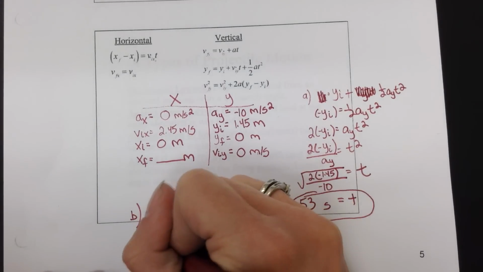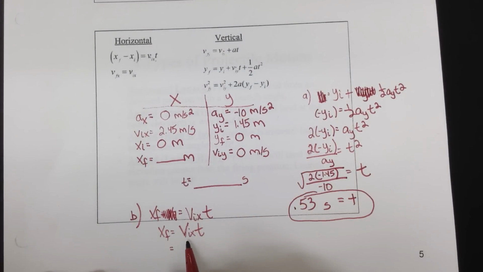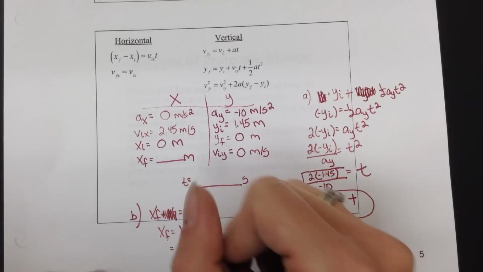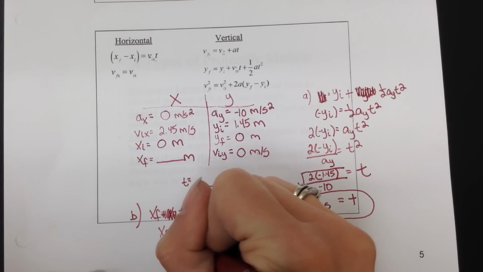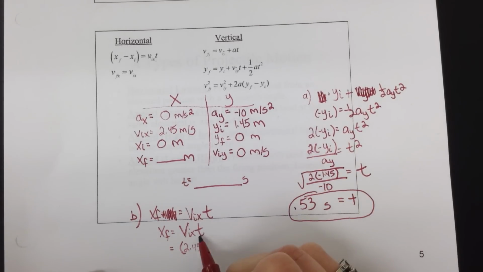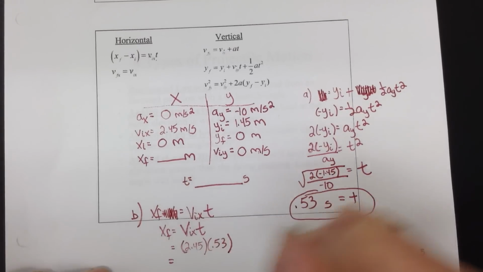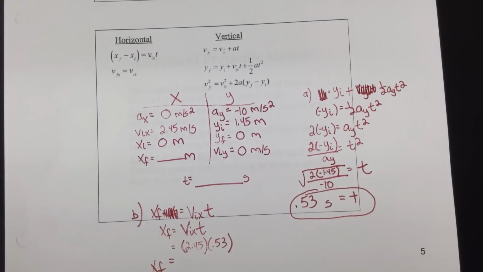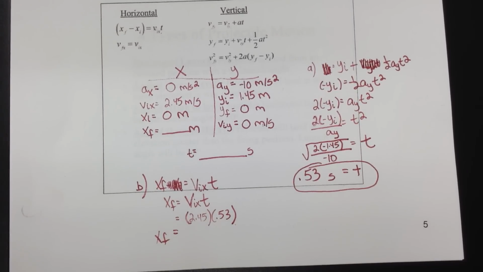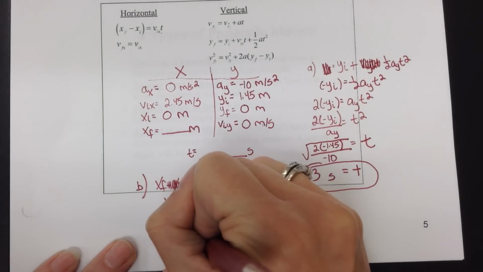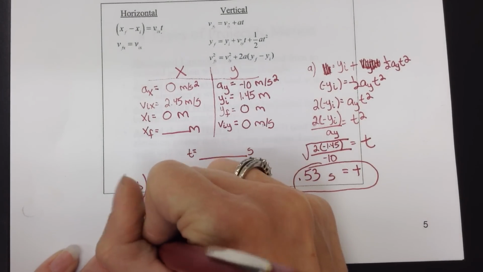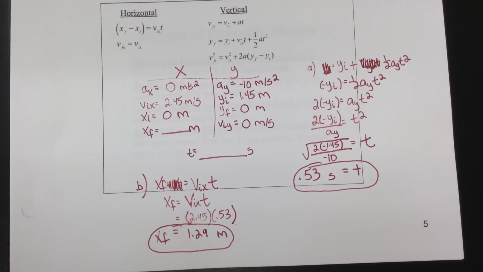And we are going to go ahead and plug and chug. So my initial velocity in the x direction is that 2.45. And the time is what we just got. So x of f is going to equal 1.29 meters, and that's how far away this car lands on the ground from the table.